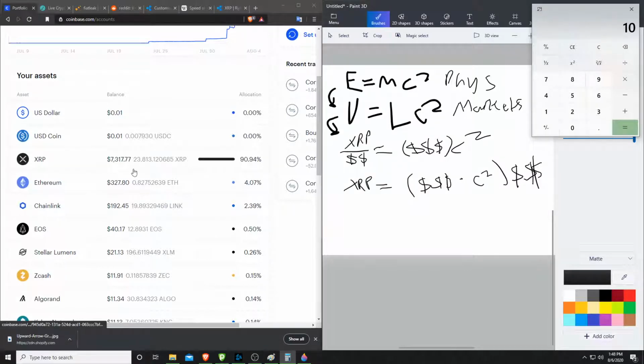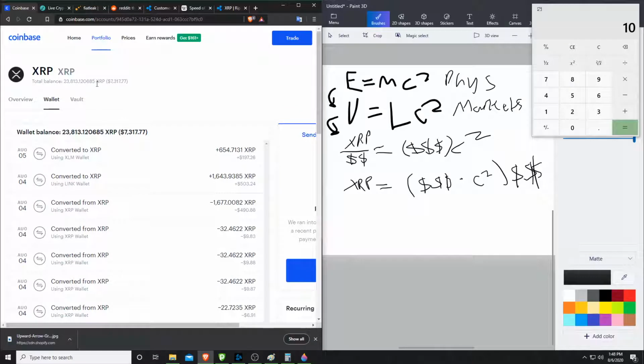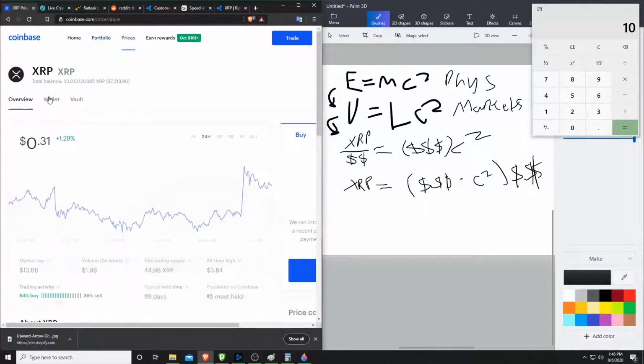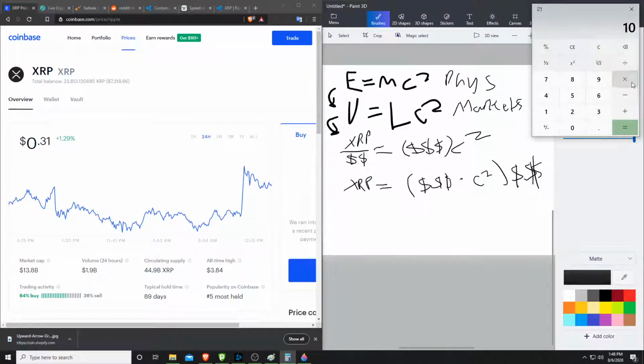So right now, if you had $10 in XRP, you would have $10 times 0.31, so $10 times 31 cents. Whoops, that's plus.